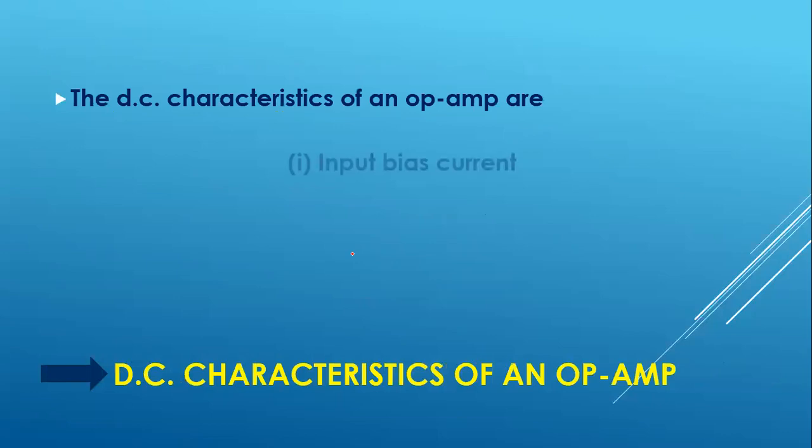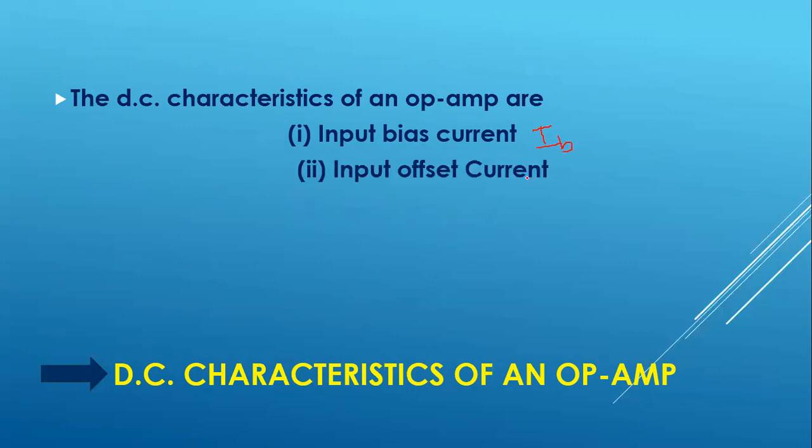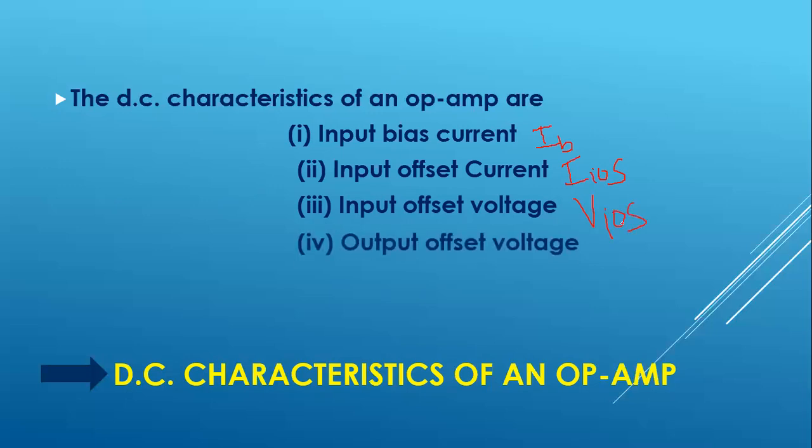So what are the DC characteristics of an operational amplifier? They are input bias current, denoted as IB; input offset current, denoted as IOS; input offset voltage, denoted as VIOS; output offset voltage, denoted as VOOS; and the last one is thermal drift.